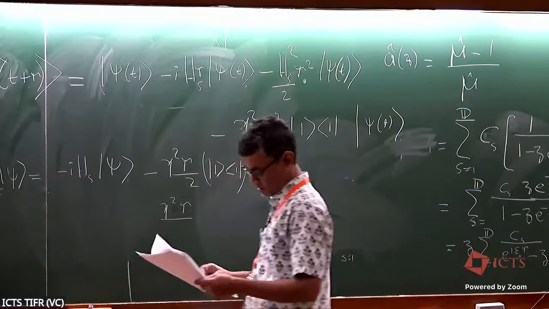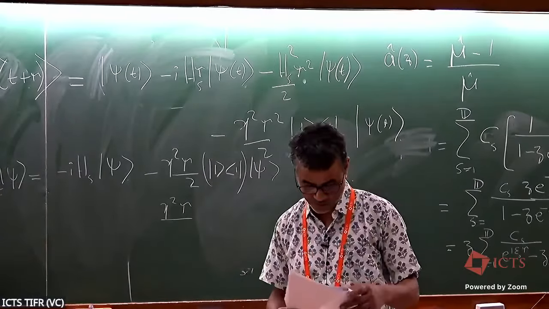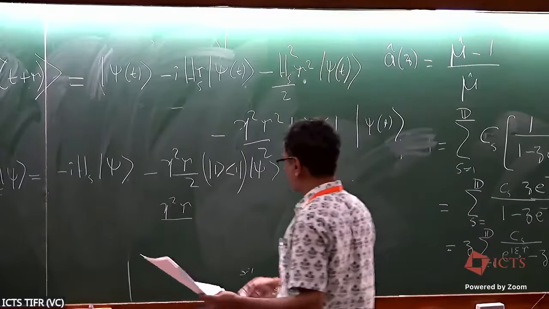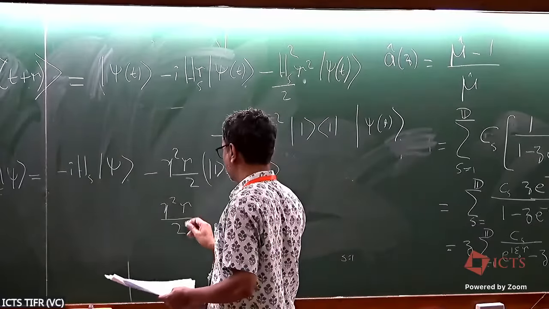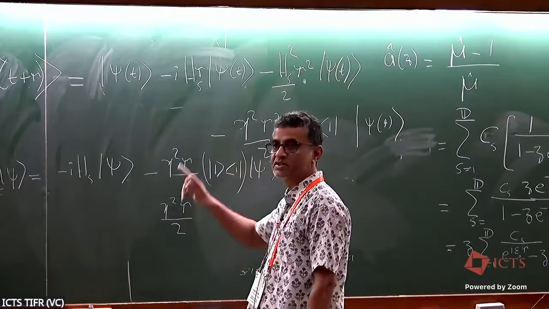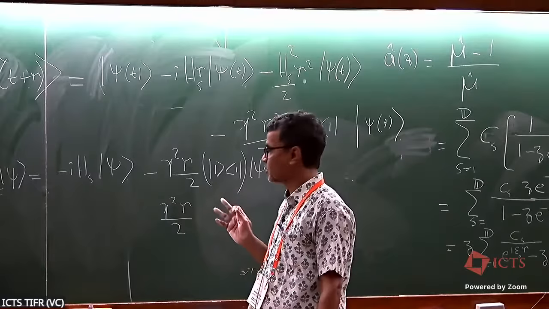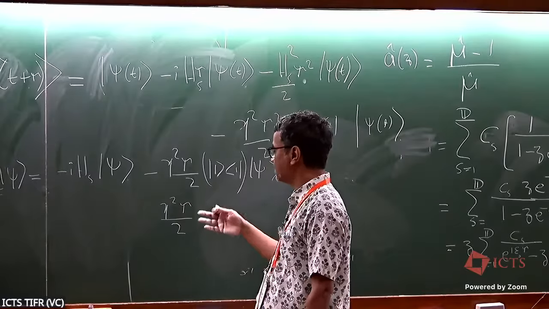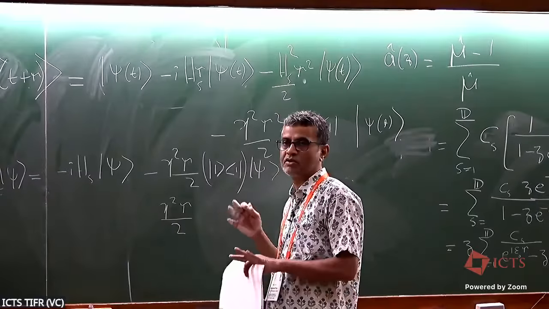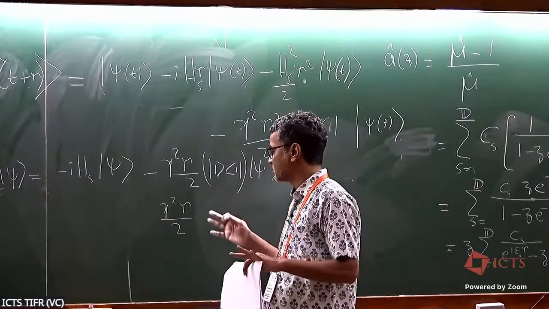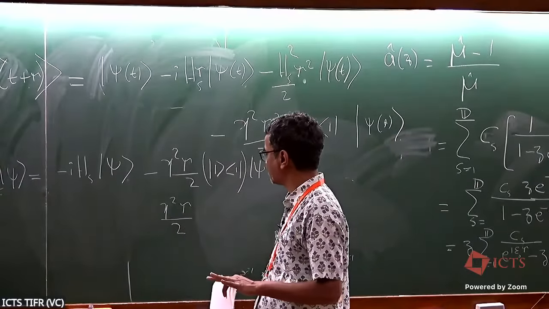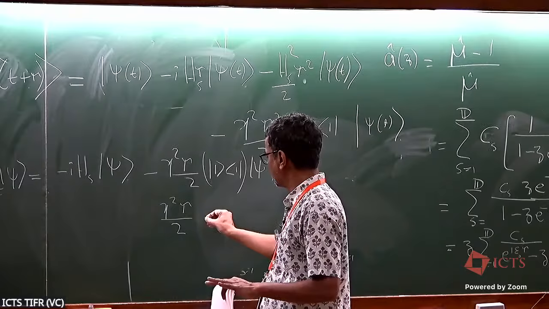I think this is the factor of 2. So we'll take the limit tau going to zero, gamma going to infinity, which means gamma scales as 1 by square root tau. This scaling is actually very common. Even if you want to derive things like the Lindblad equation using this environment coupling, this is the standard procedure: gamma scales as 1 by root tau.